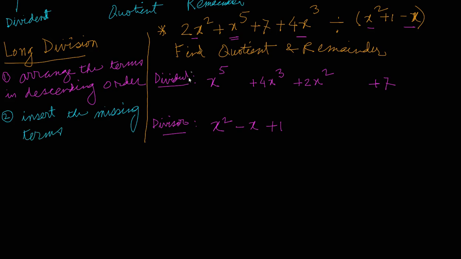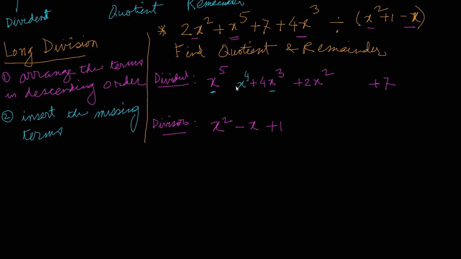Let us look at my dividend. If you notice, my dividend starts with x power 5, and then the next power of x is x cube. So which power is missing? x power 4 is missing. So I'm going to write x power 4, and I am going to use a coefficient 0.